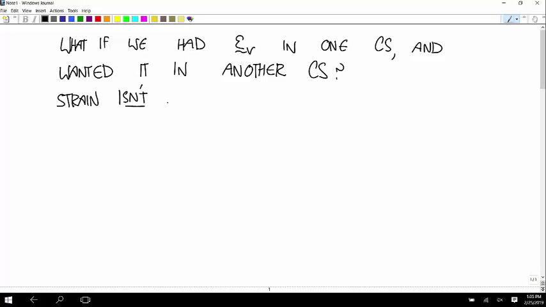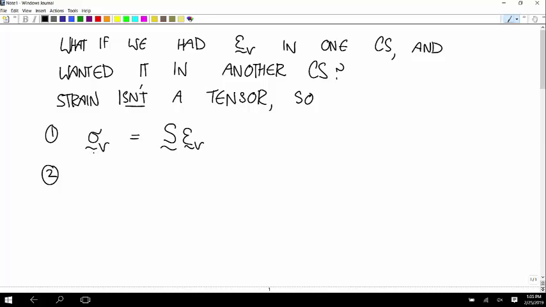Strain isn't a tensor. And so the way that you have to do it is first you'd say the Voigt stress is equal to the stiffness matrix times the Voigt strain. Then you'd represent that Voigt stress as a stress tensor, and the stress tensor in the new coordinates.